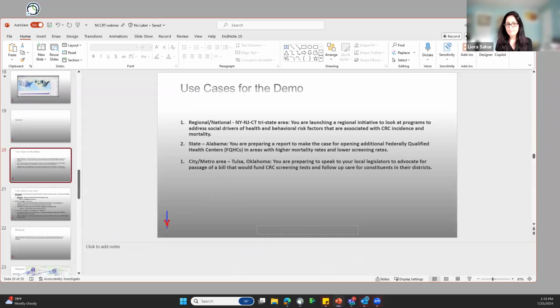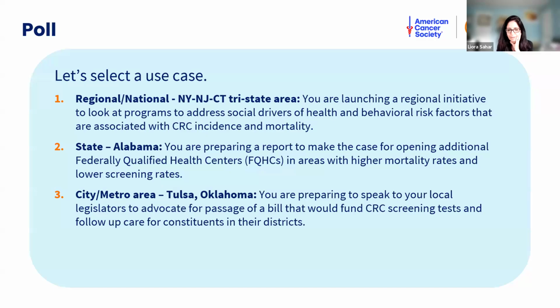So for poll number 2, there are some various levels of use for this tool: regional or national, state, or even at the city or metropolitan area level. So we're curious to hear how you might use this tool. Of course, it may be more than one.